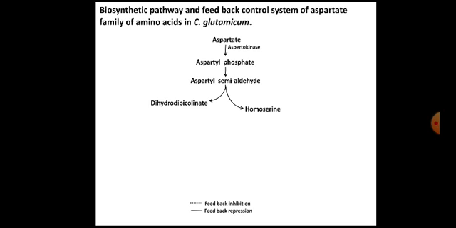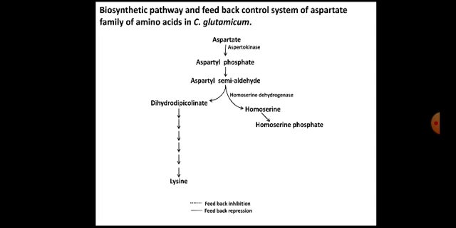dihydrodipicolinate and homoserine. Dihydrodipicolinate then gets converted to lysine, and aspartyl semialdehyde gets converted to homoserine through the homoserine dehydrogenase enzyme. This is another key enzyme that you need to remember.